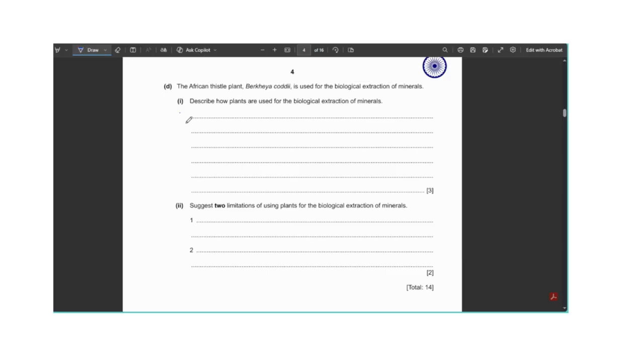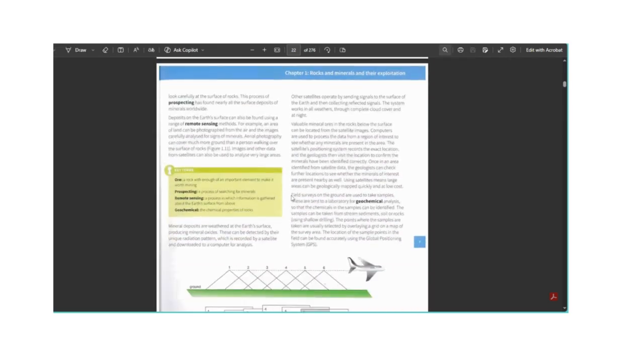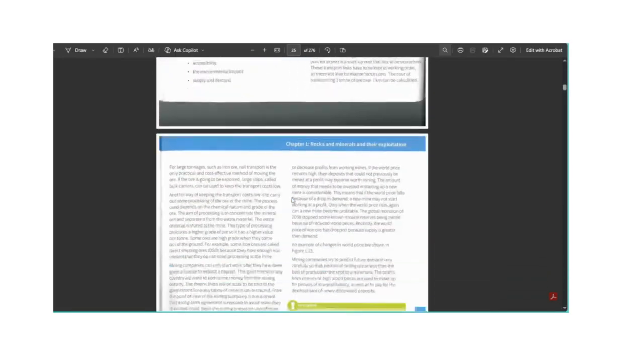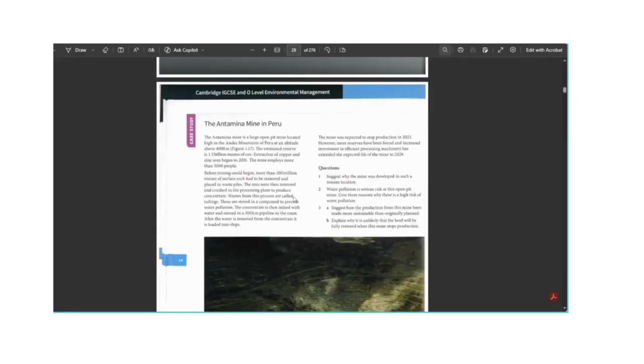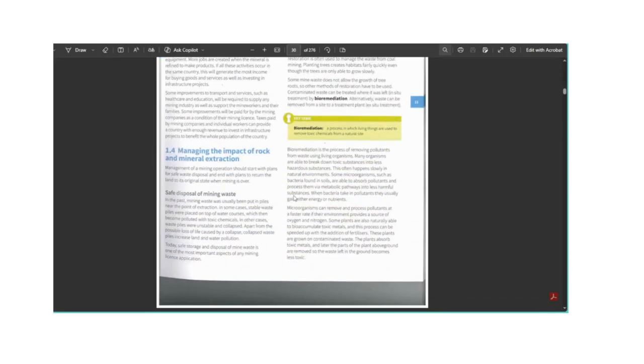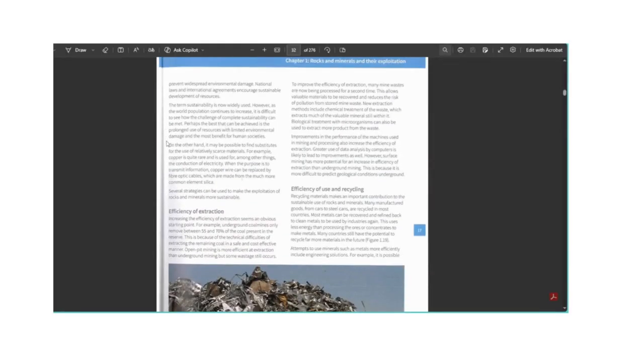In the second edition of the textbook, I did not find any information about how to extract biologically from plants. It mentions machines improving extraction and mine waste, but nothing about this.